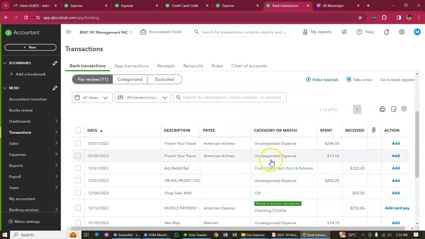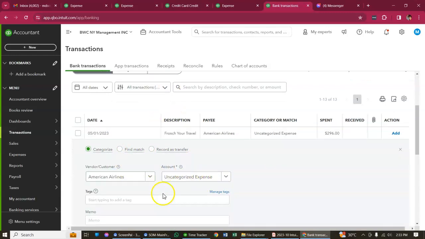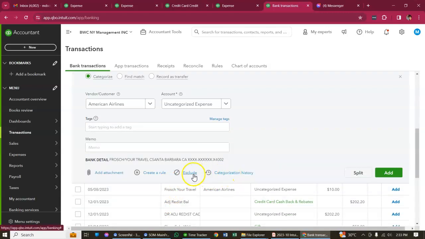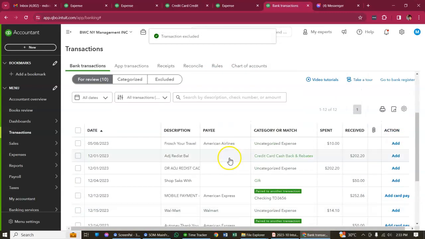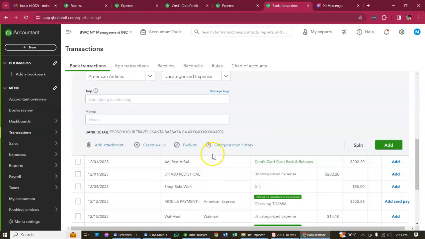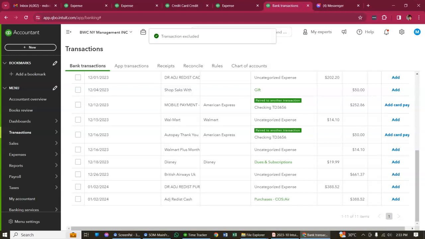Now, we know that this 296 is not cleared, so we just ignore that, exclude that, click this one, exclude that from that, because we have already reconciled this month and they are still appearing in that and they should not be, so we have to click exclude them. Okay, thank you. So you do the same way with the other accounts also, not only with that account 4002. That procedure, please do that on the other account.